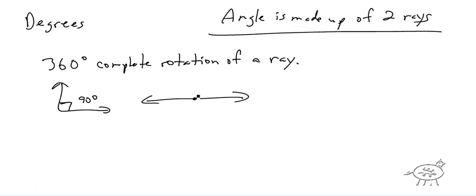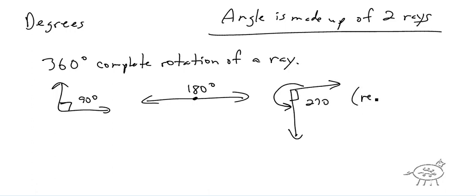This is a straight angle, that's 180 degrees. And of course, we can have this angle here, which goes around that way, a right angle, and that's 270 degrees, and we call this a reflexive angle.